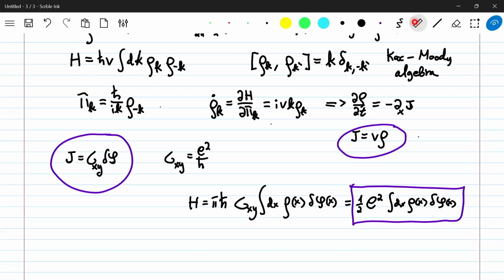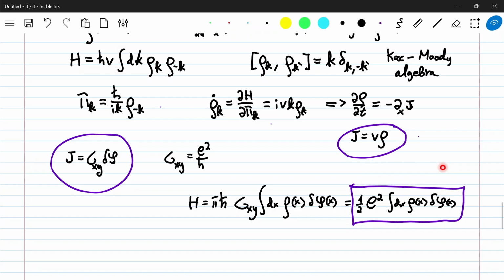Okay. So what I want to do is use these two constraints and start from the electrostatic Hamiltonian.